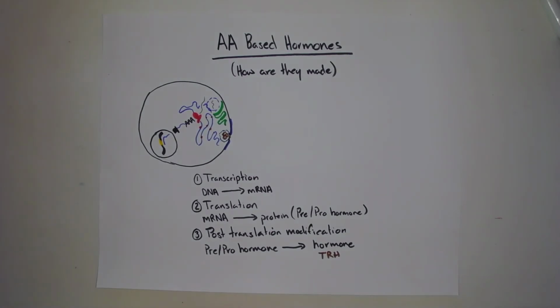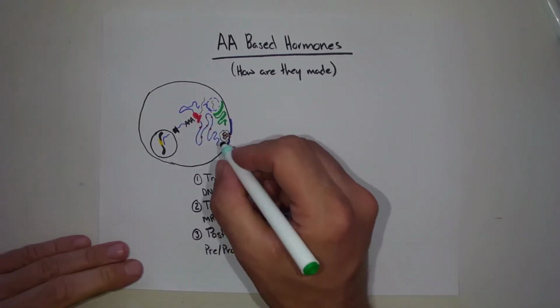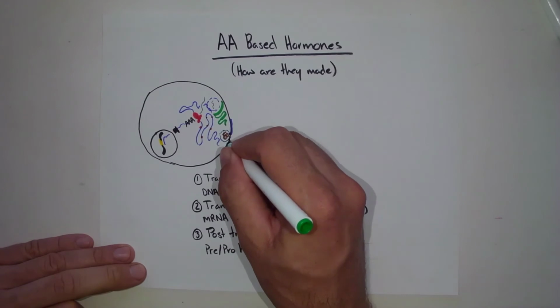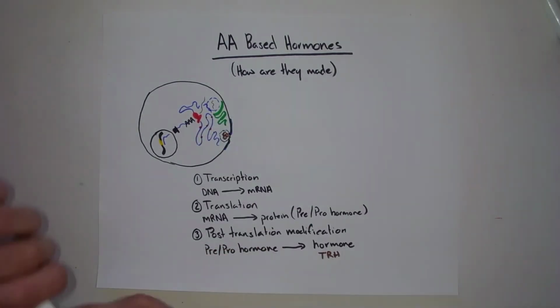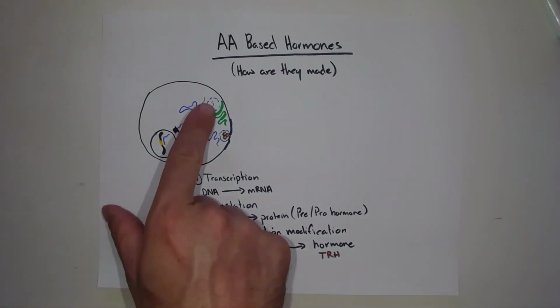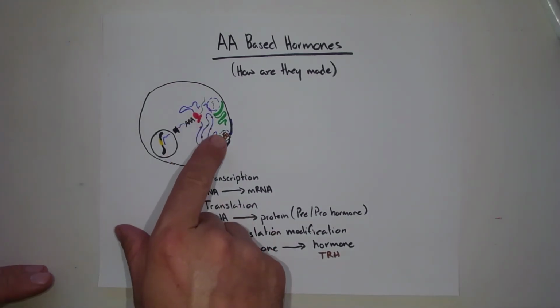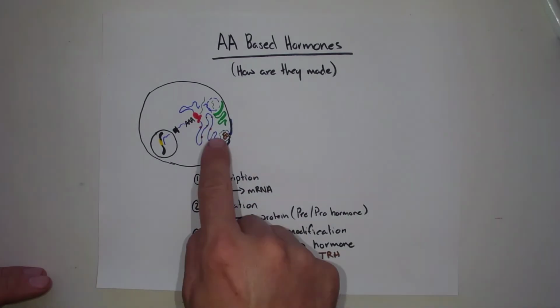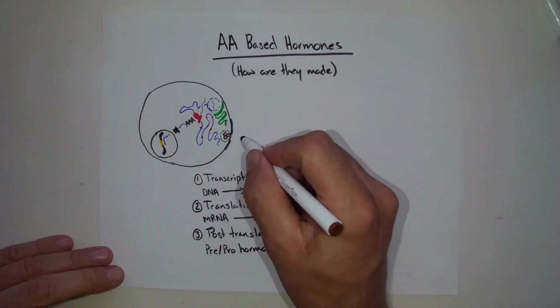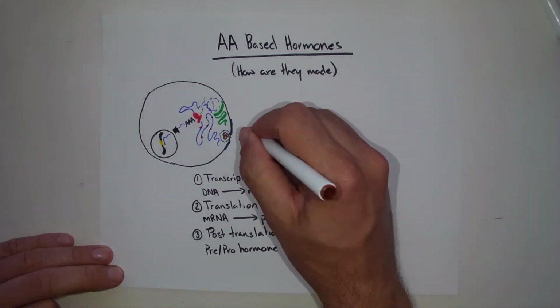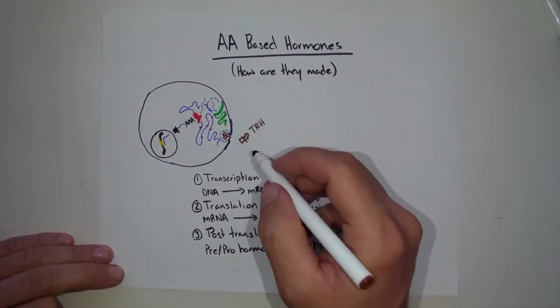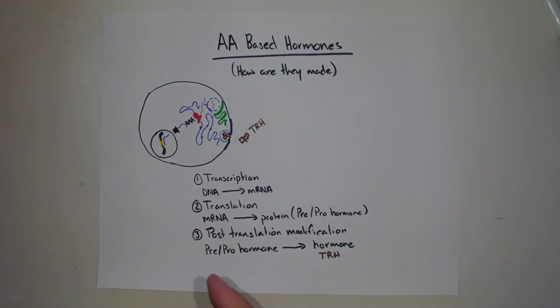A little bit of modified protein from the Golgi become part of the membrane, but the pre-pro hormone that was modified into the hormone TRH gets released. And for amino acid-based hormones, we know that they're water soluble.